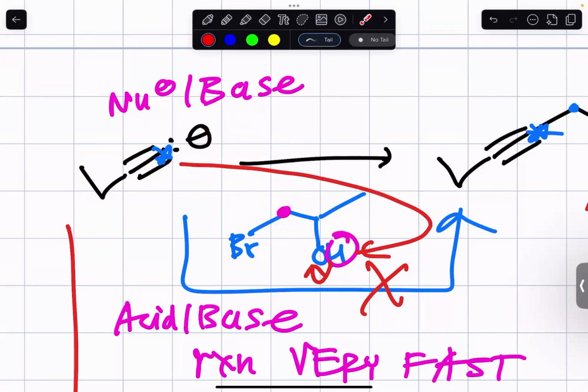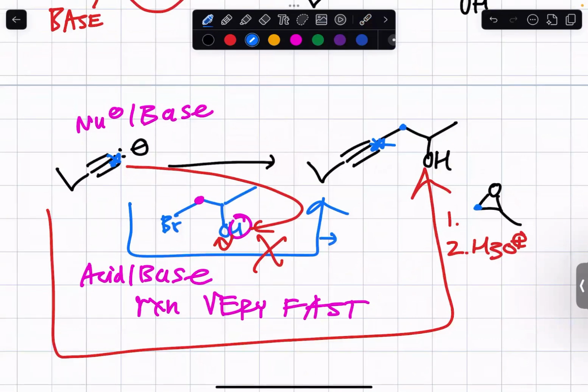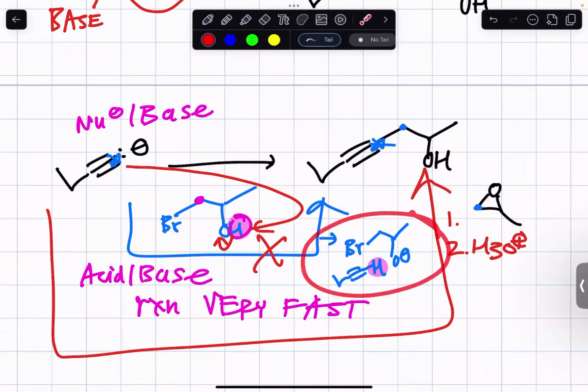But there is a faster reaction that happens before that, which is this acid-base reaction. We're going to deprotonate the alcohol instead, which is going to give us this product here, the alkoxide ion with the O-, and a neutral terminal alkyne right there, where this pink hydrogen here is that pink hydrogen right there. So this acid-base reaction happens faster than this SN2 reaction.